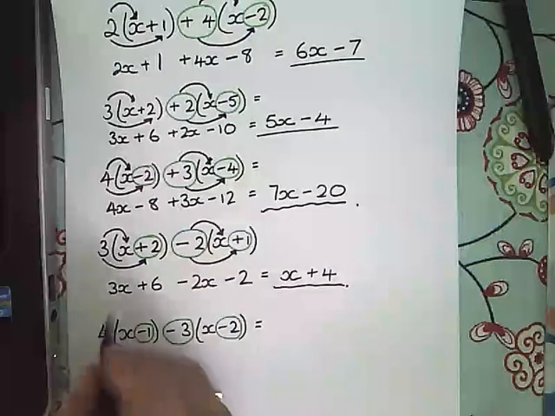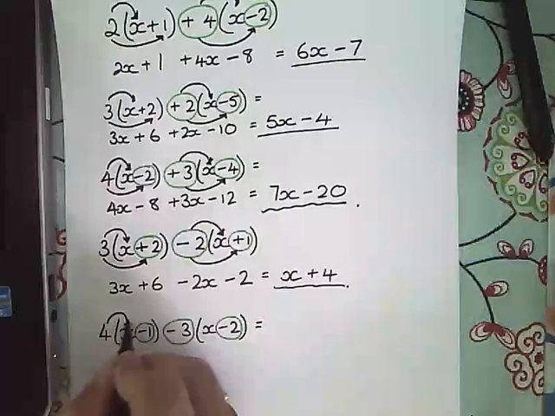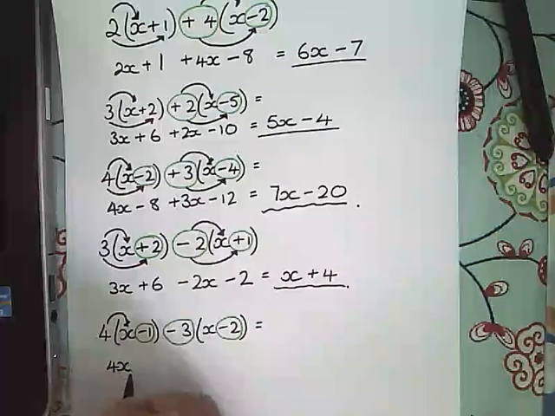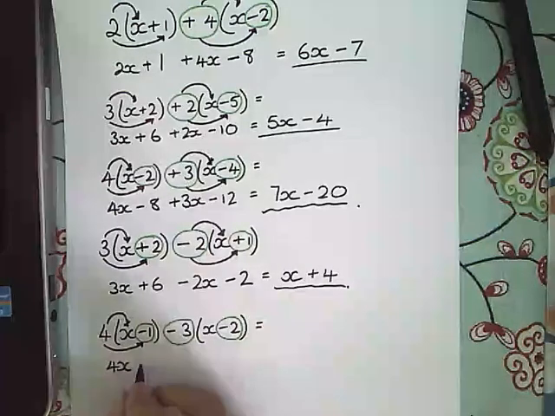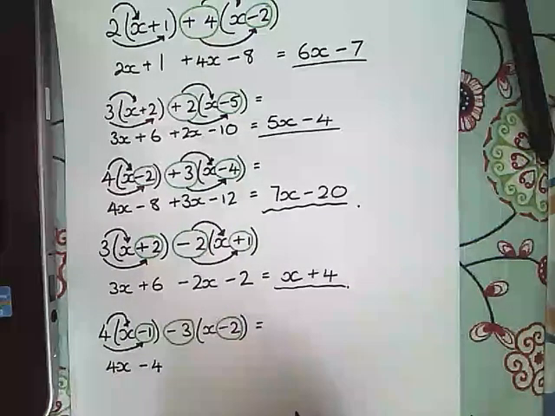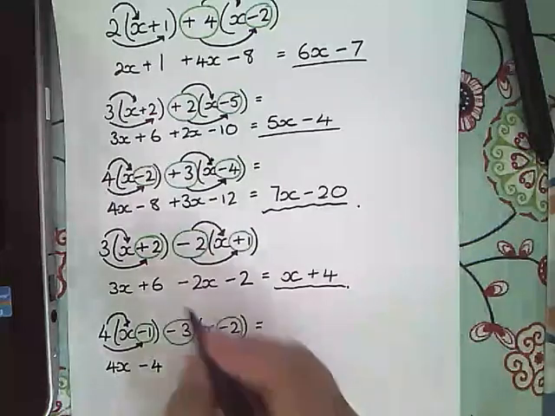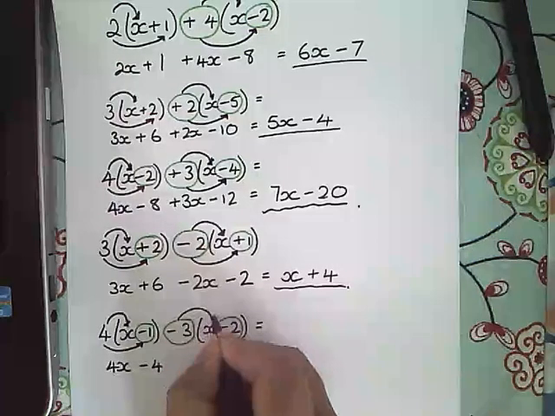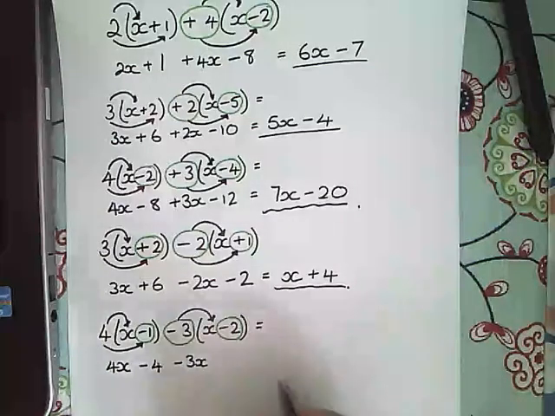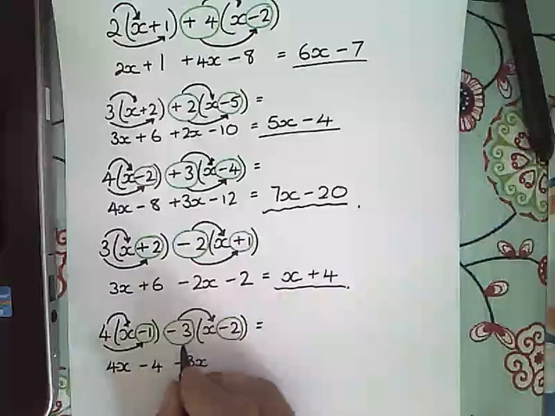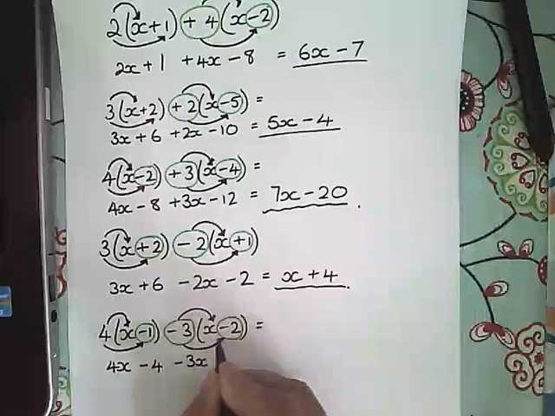Multiplying out. 4 times x is 4x. 4 times minus 1 is minus 4. Onto the second bracket. Minus 3 times x is minus 3x. And then this is the absolute most difficult bit of it all. Minus 3 times minus 2.